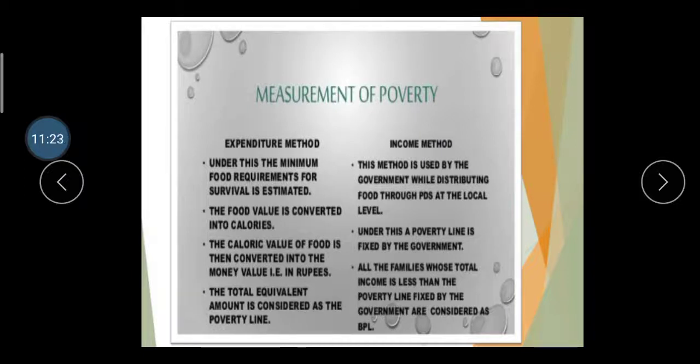Then the calorie value of the food is converted into a money value, for example in rupees.